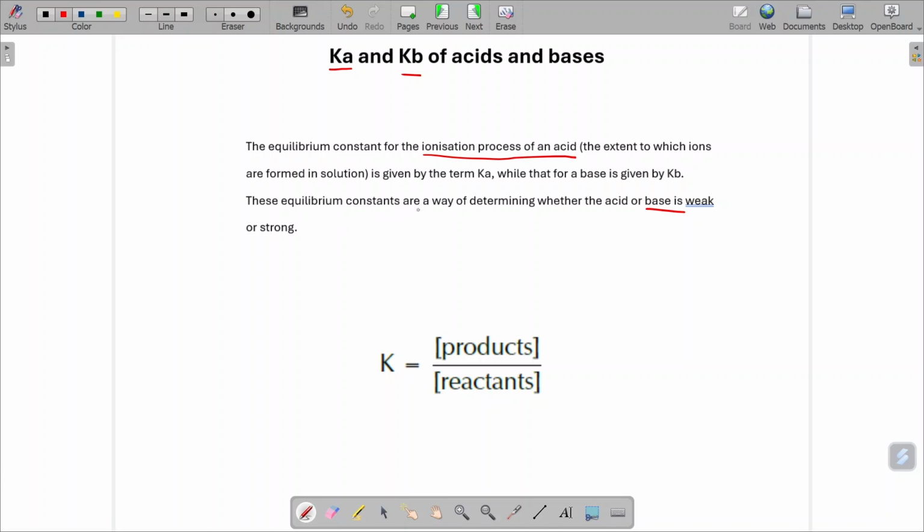And this determines whether the acid will be weak or strong. Let me repeat that. The Ka and Kb value indicates whether an acid is weak or strong because it reflects the amount of ionization or dissociation that takes place in an acid or a base.